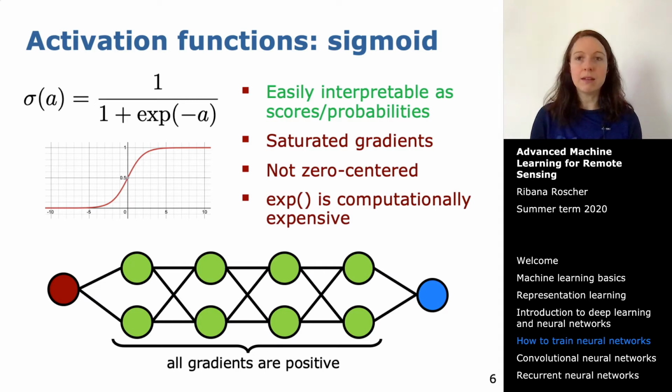You will always get an output of 1, and the same is for the area of -10 or -20. It doesn't matter. You will always get an output of 0, and so that means that because the function is saturated, and when you have a look at the derivative and the resulting gradients, you will see that the gradients in this area are saturated.